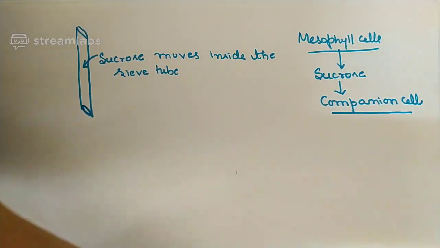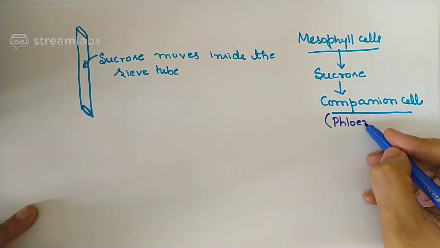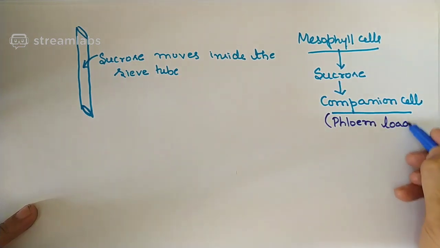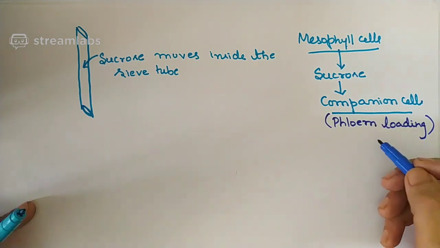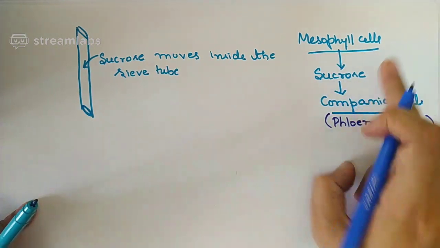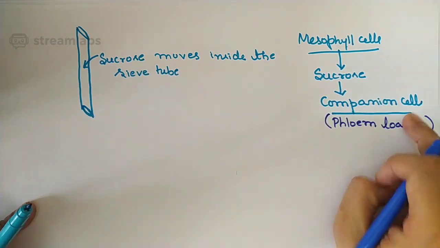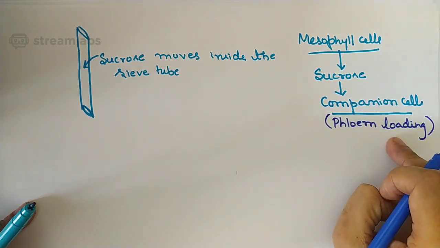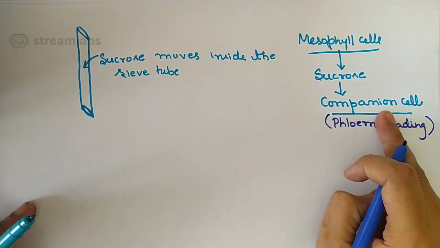So from the mesophyll cells, the sucrose moves into the companion cells. Students, do you know what it is called? It is called phloem loading. Phloem is loaded with the sucrose. And from the companion cells, sucrose is going to move into the sieve tube.